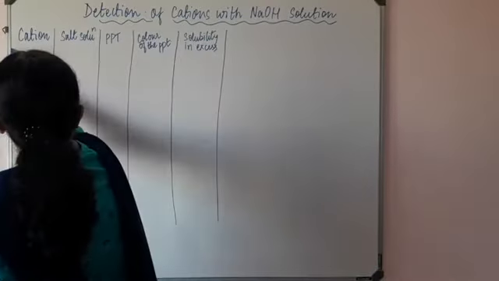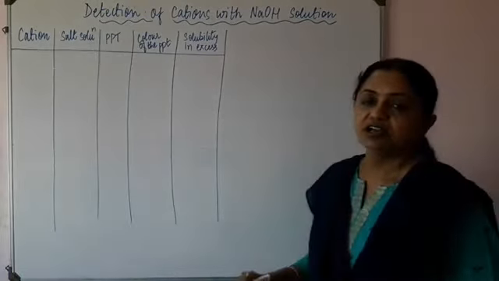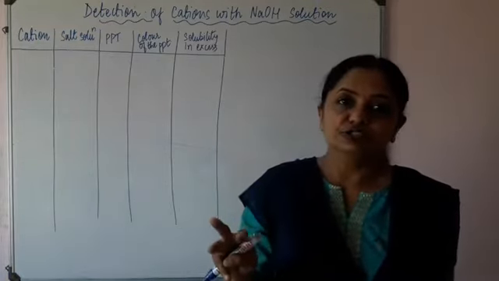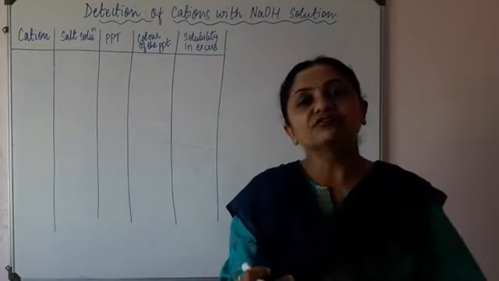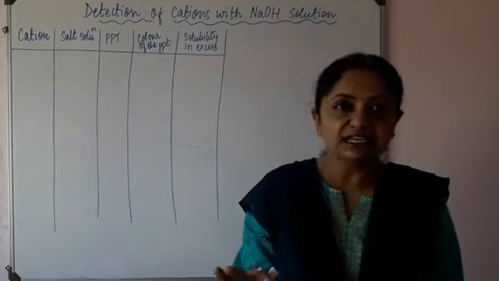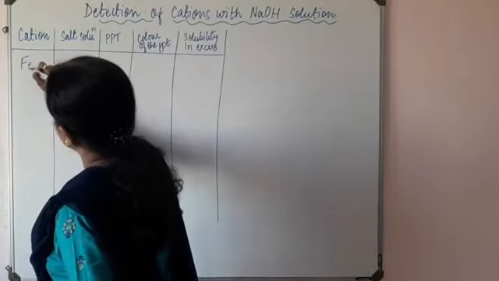And I will be drawing one table and at the same time I will be writing reactions over here. So first let us take 3 colored salt solutions. Okay, we have 6 cations in our syllabus. So first we are taking 3 colored salt solutions. The first one we are taking is ferrous.